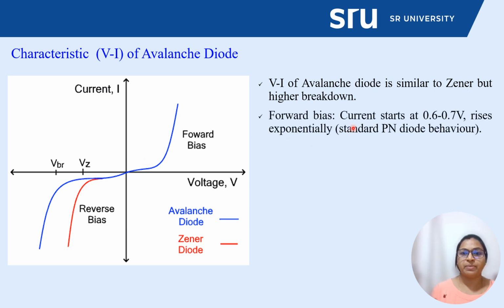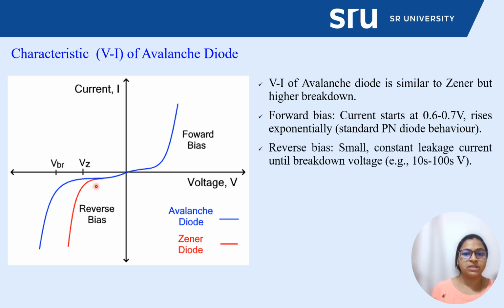So in the forward bias, basically the current starts from around 0.6 to 0.7 volt, and then increases exponentially. This is standard PN junction diode behavior. For reverse bias, a small leakage current is there before the breakdown region is reached.